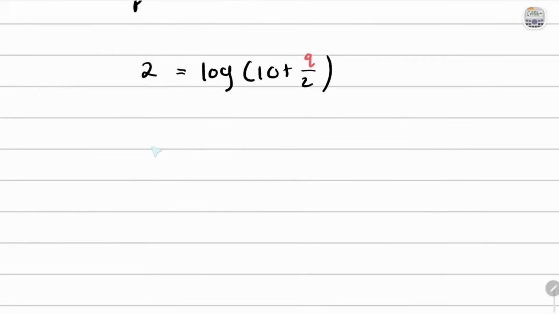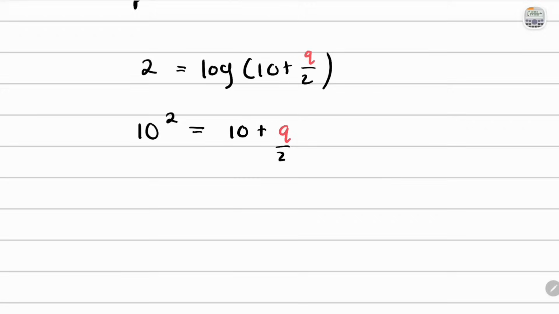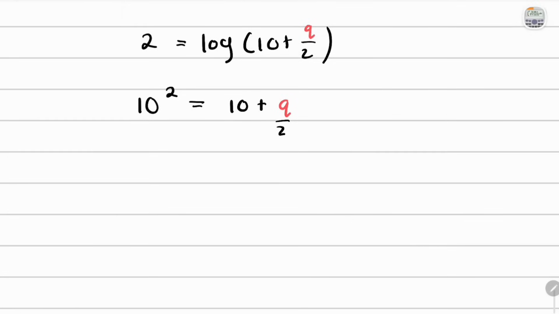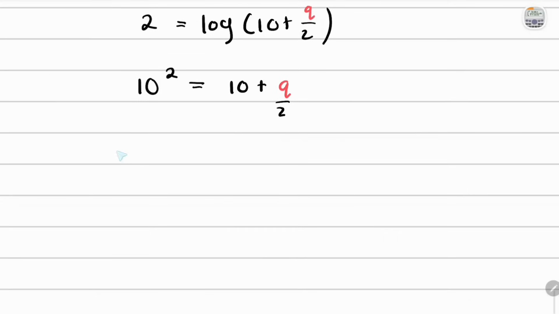We're going to simply say our base is 10, and then the exponent is always whatever the log function was equal to. So that is 2. So we're going to say 10 to the power of 2 is simply equal to this answer, the value in the parentheses, in the brackets. So that is 10 plus Q over 2. Okay, so 10 to the power of 2 is 10 times 10, which is 100.